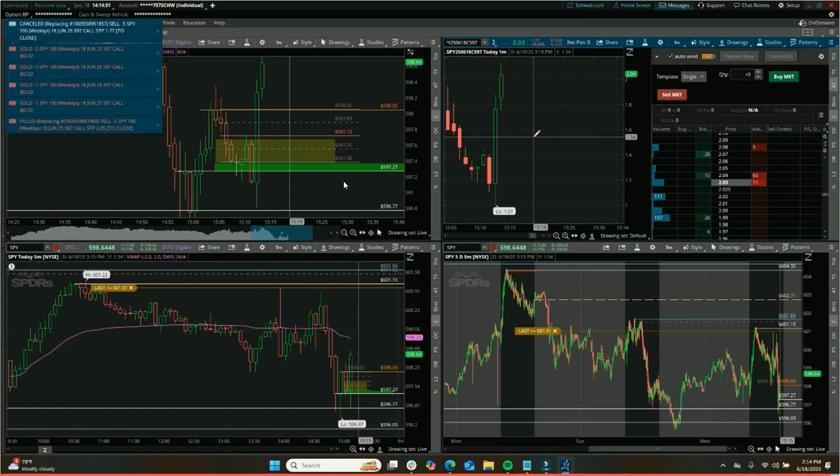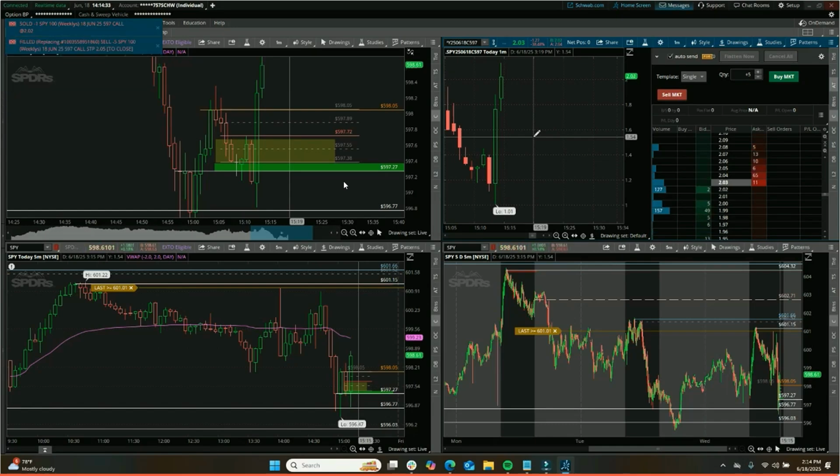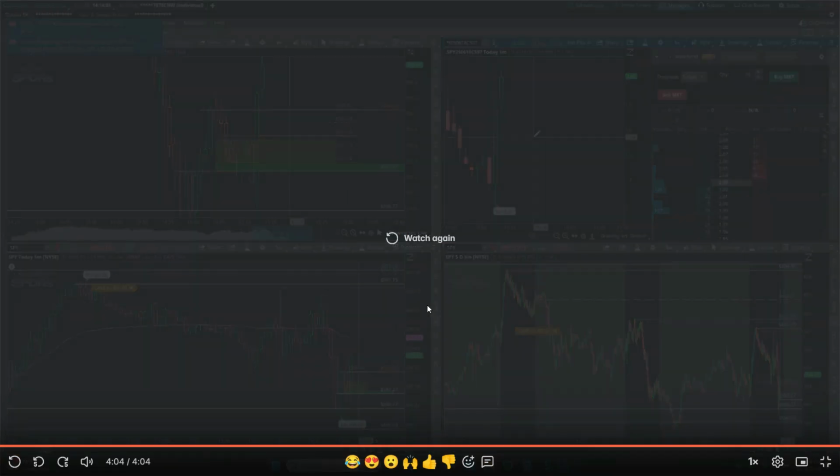I didn't want to allow a whole ton of wiggle room, but I also didn't want to deny myself any extra profit that would have happened if it did continue to go up. And that's the only way I would have. I wasn't waiting for any sideways action. If it kept going up and up and up, then I would have kept following the profit and waited till it came back and stopped me out.